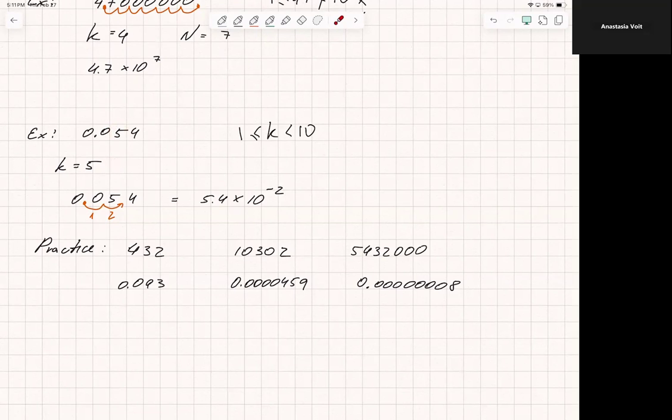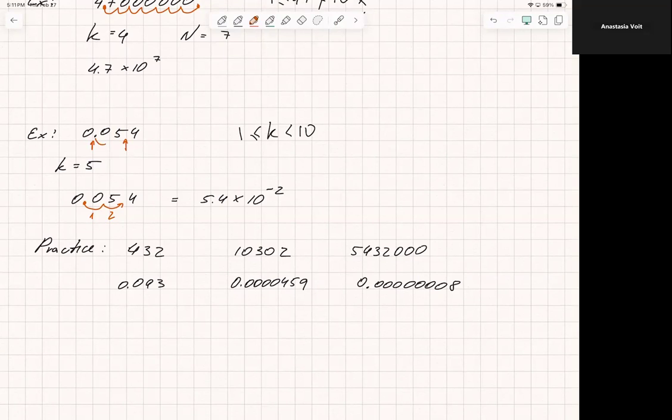Now, if we found our k, we need to put the decimal point right after this 5, but the decimal point right now is located here, so we need to move it to this location. We need to count how many times we move from the original location to the new location.